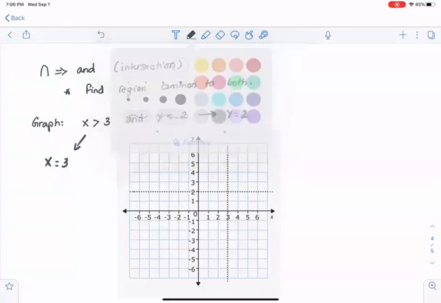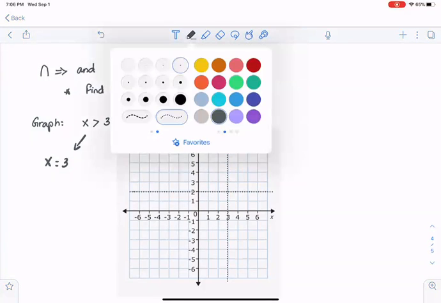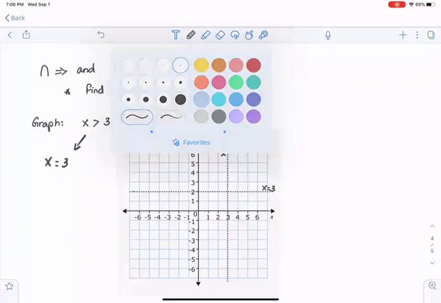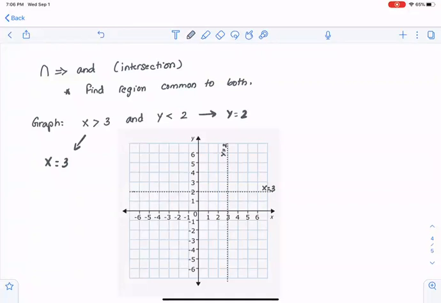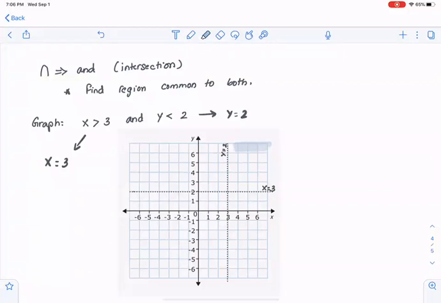So y equals 2, x equals 3. Now, x has to be bigger than 3, so all of those would be a solution.